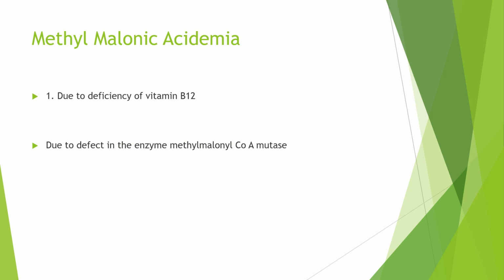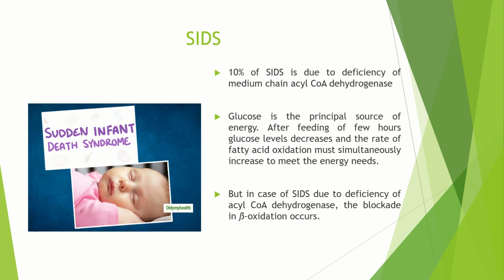Sometimes it damages the central nervous system and retards growth, and it is often fatal in the early years of life. So this is regarding methyl malonic acidemia, which happens due to the deficiency of vitamin B12 and also a defect in the enzyme methyl malonyl CoA mutase.